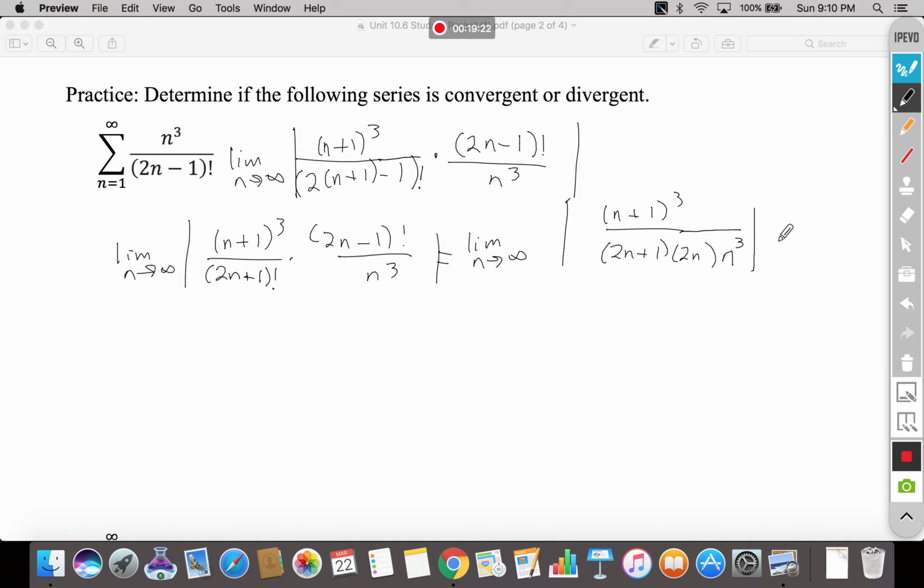So I know that this limit goes to 0, which I know is less than 1. So what does it mean? It means our series converges by the ratio test. Okay. Cool, let's take a look at the next one.